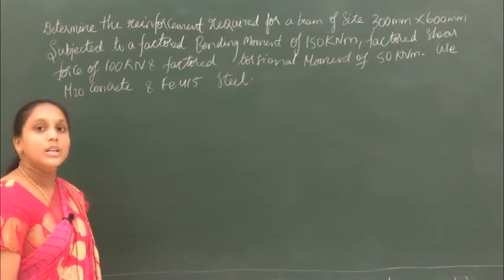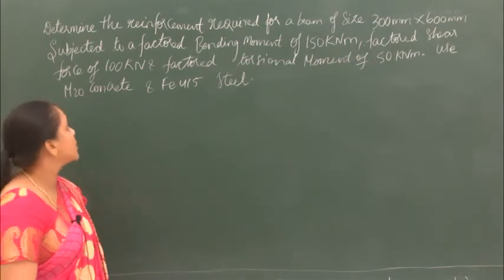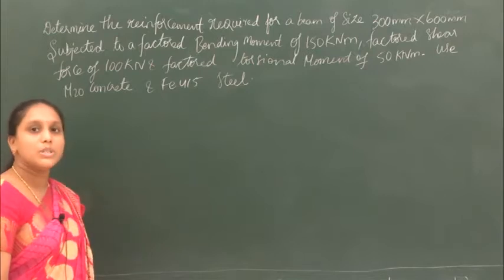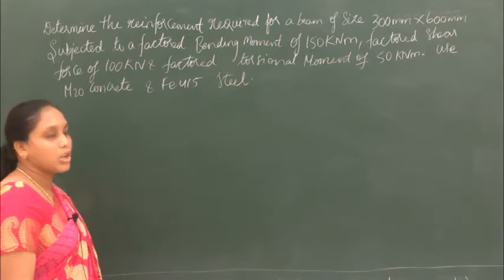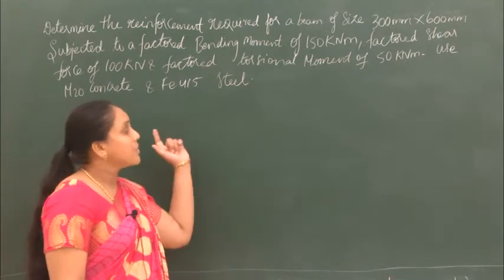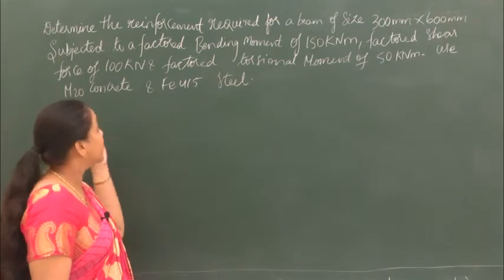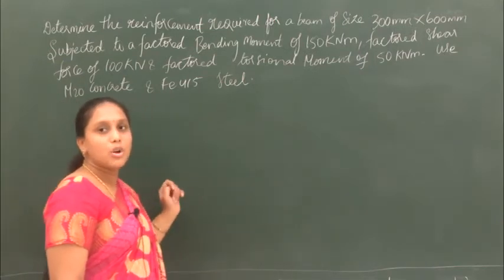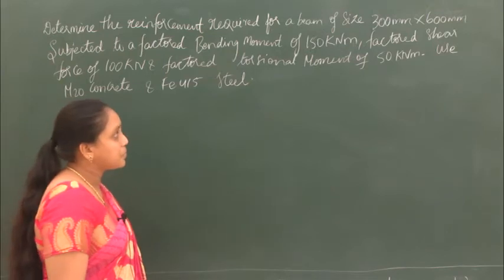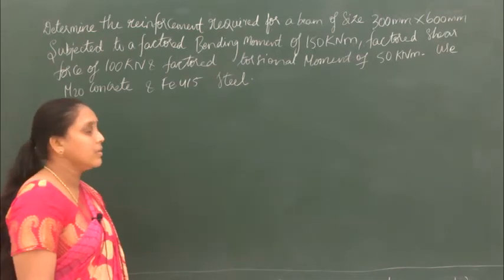The factored shear force Vu is given, which is 100 kilonewtons. And the factored torsional moment, for which we are asked to design the torsional reinforcement, is 50 kilonewton meter.